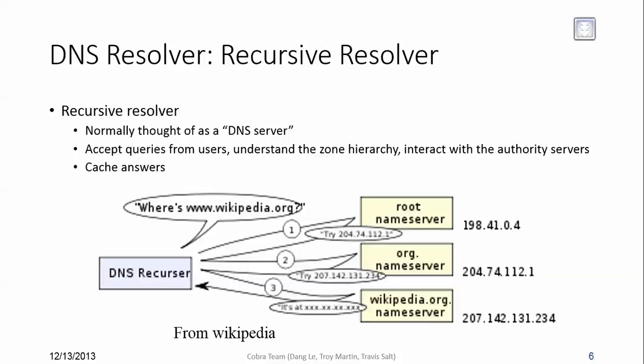The recursive resolver is the caching DNS server. When someone asks the DNS server about a domain name that does not reside on this server, it will ask the root name server, and the root name server will direct it to other servers.